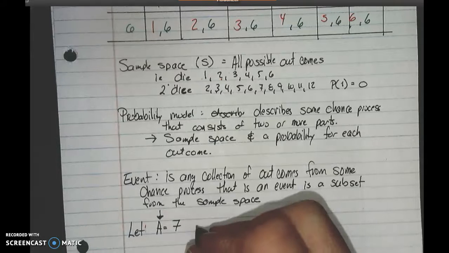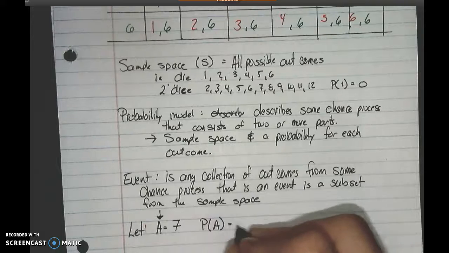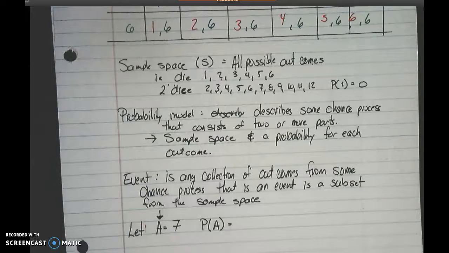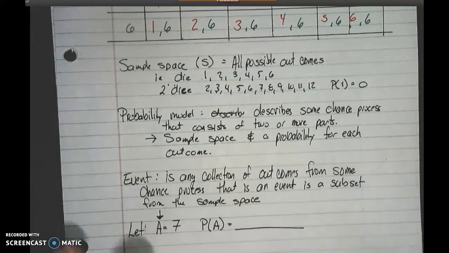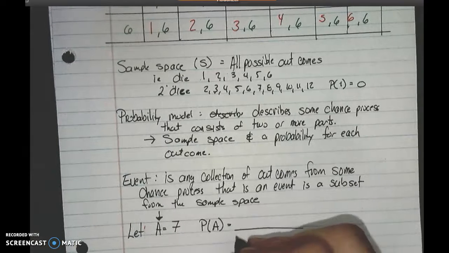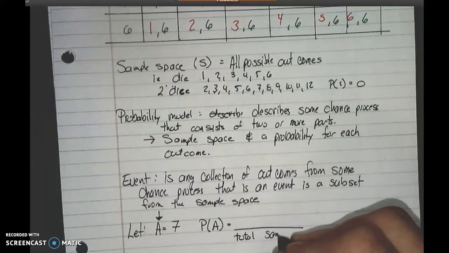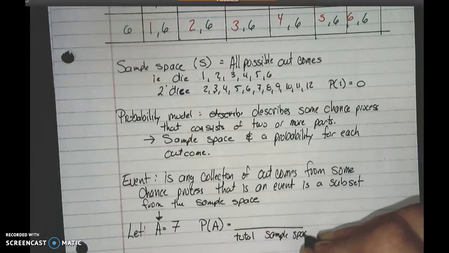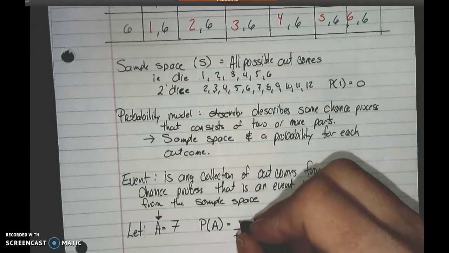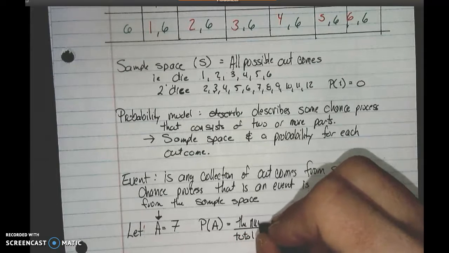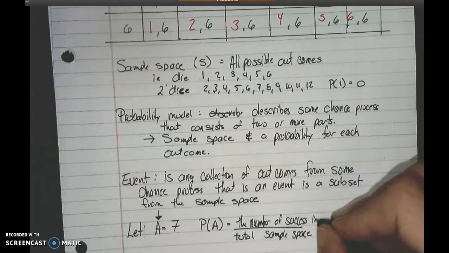Then we would say the probability of A is equal to, and what we're going to discuss is, the number of successes in the sample space over the total sample space.